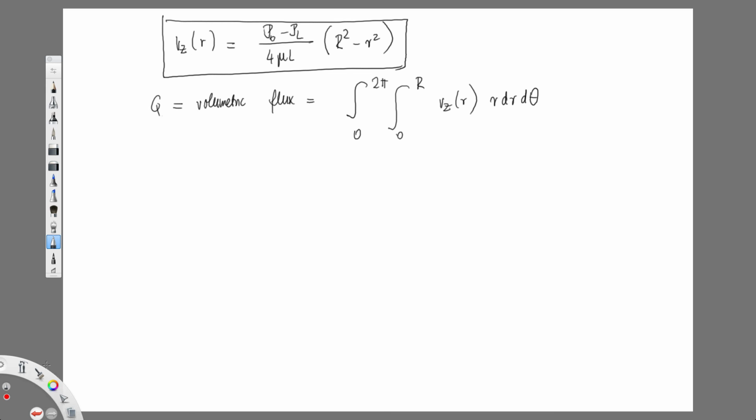This is essentially area element, okay? Area element in cylindrical coordinate system. So essentially, if you have something like this, and this is d theta, the area of this element is r dr d theta.